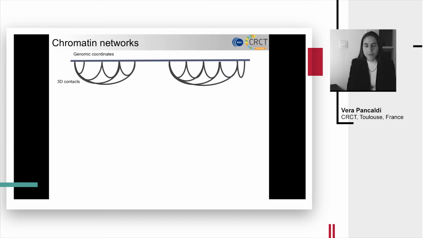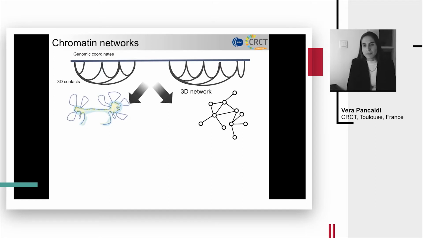So the main idea, which is not completely novel, I agree, is that genomic coordinates are normally seen as a line. But actually, this is a description that we have idealized in our head about a sort of spaghetti ball or a three-dimensional organization of chromatin inside the nucleus. And so to me, maybe it's just a bias, this looks very much like a network.